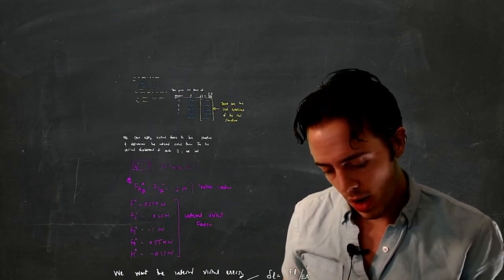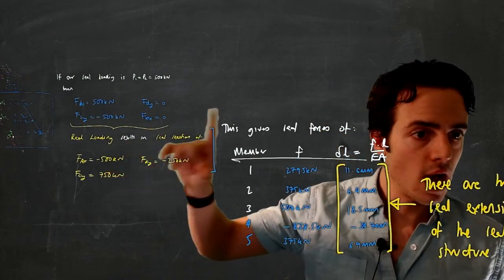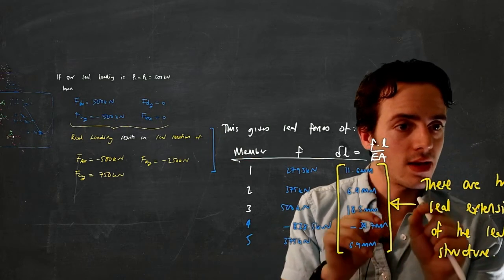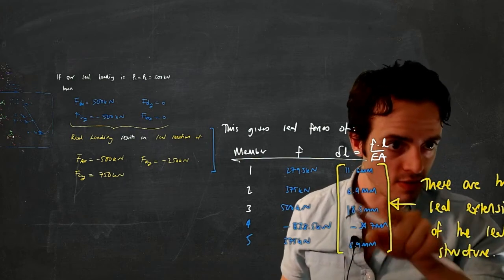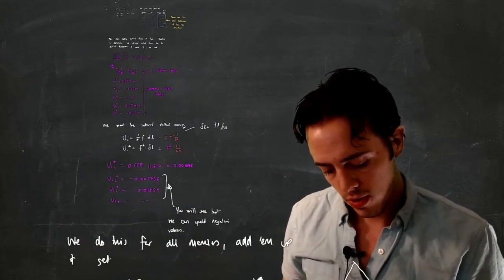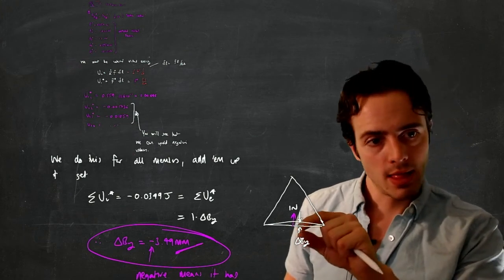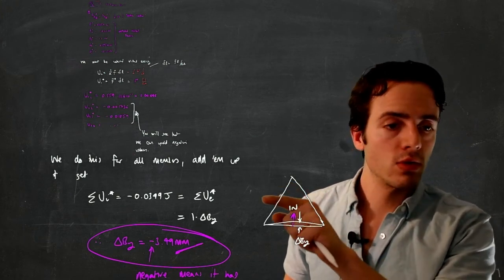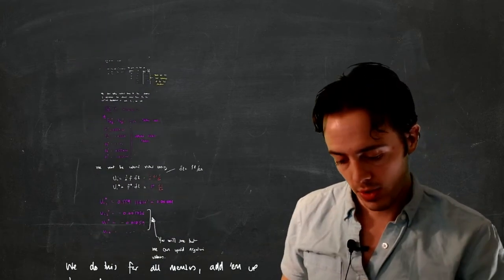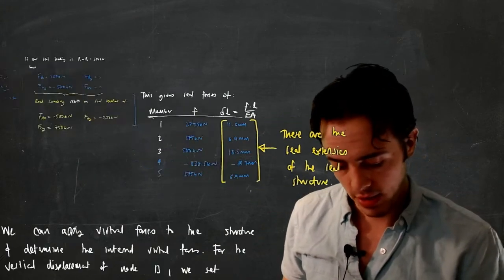The P1 and P2, we only had to apply those loads at the beginning, and we said, okay, we'll work out what the reactions are and then what the extensions are of each member. Now, everything relating to the forces P1 and P2 is captured within these values here, and all we're doing now is using the virtual energy as produced by a virtual force to relate this displacement here to all of the internal energy, and as a consequence relate this displacement here to these extensions here. Okay, so that's what this method does.